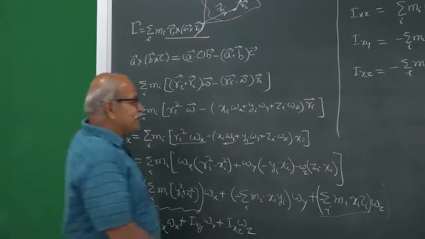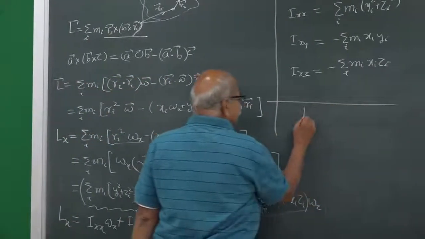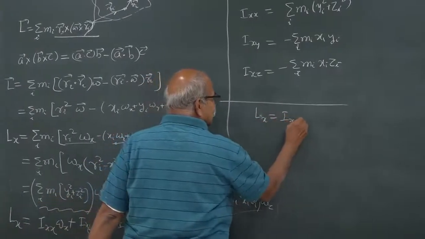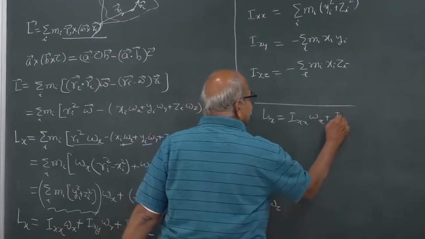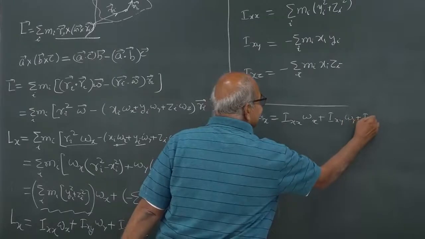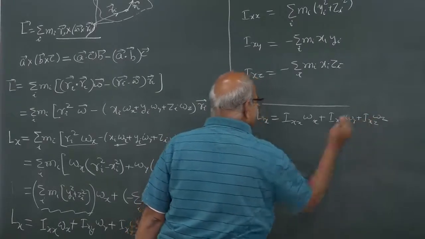And what you find is that Lx is equal to Ixx omega x plus Ixy omega y plus Ixz omega z.